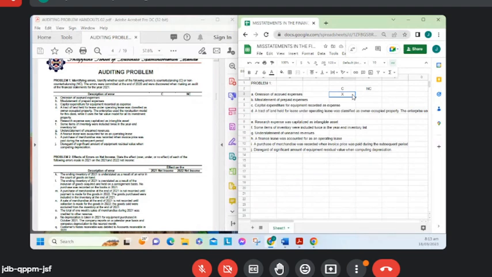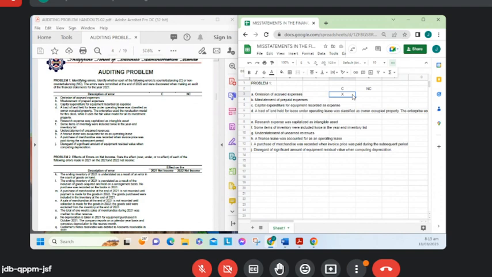So it's an omission. Supposedly in 2020, an entry was made with a debit to expense and a credit to an accrued expense account. And let's say in 2021, this was discovered and the company created that entry. So what will happen?